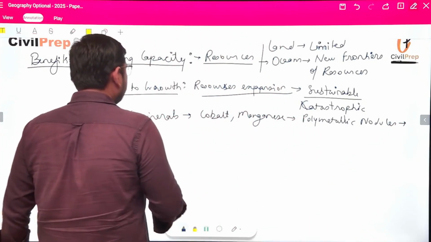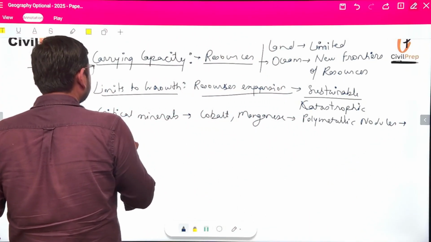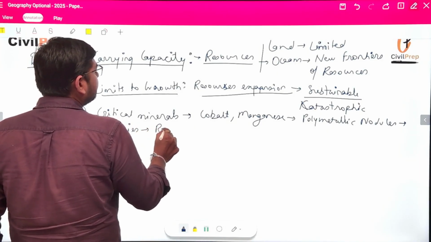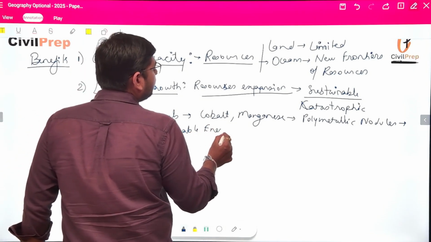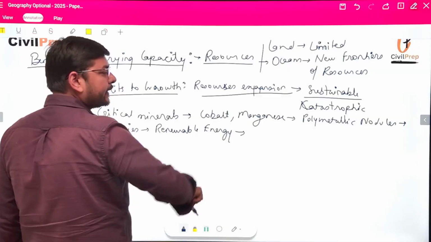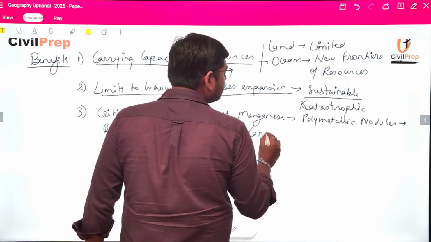They can be used for the development of batteries, which will help us store renewable energy. This aspect can be linked with the cornucopian approach.